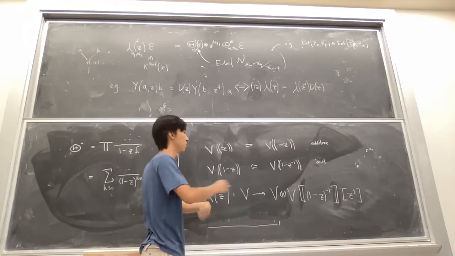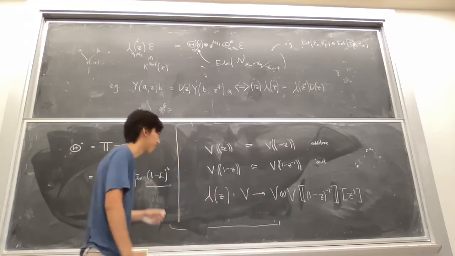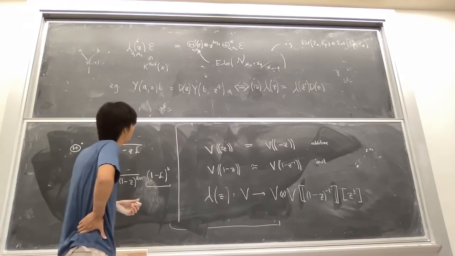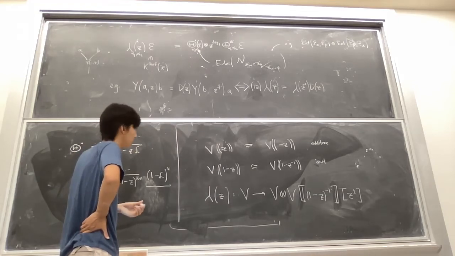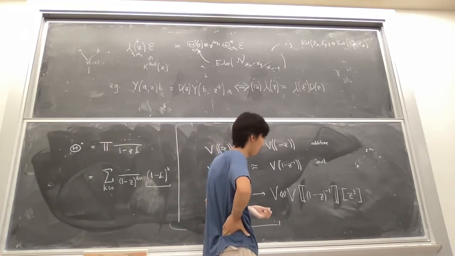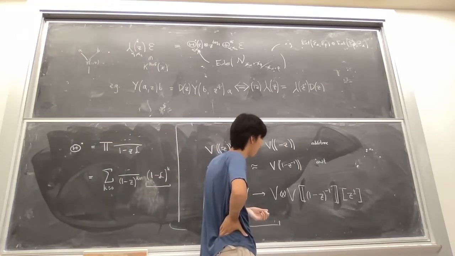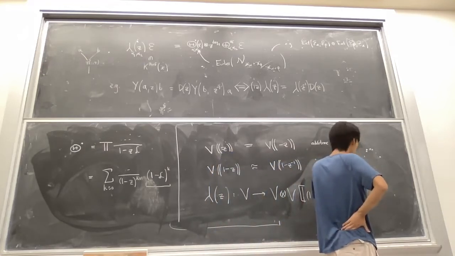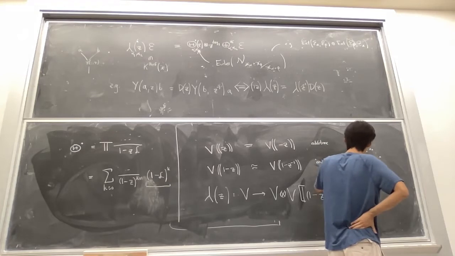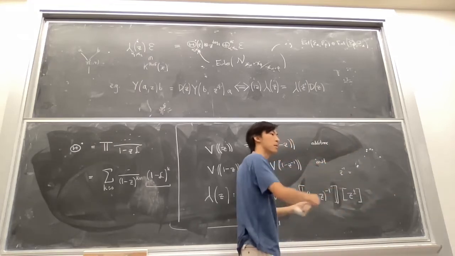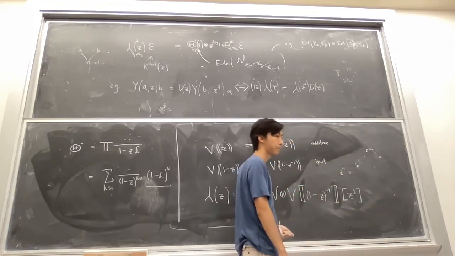You just do the usual change of variables. But if you do that kind of completion, if you expand Z inverse, you're going to get bi-directional series.